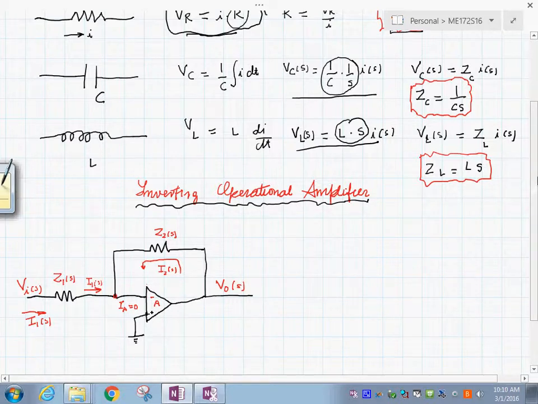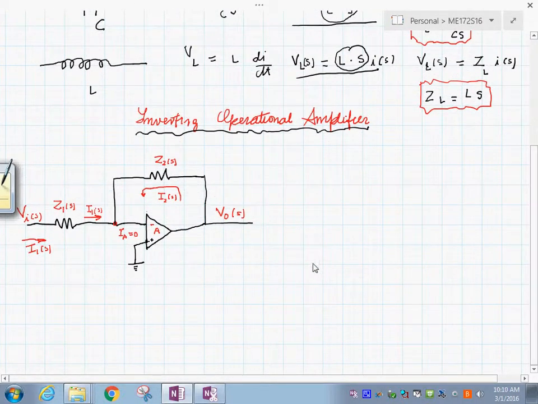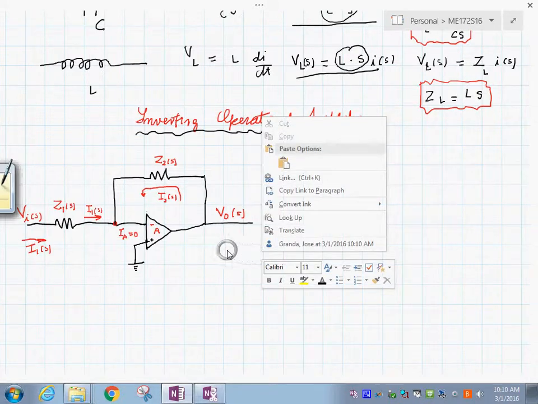If this current is 0 here, something happens on this little circuit, and that little circuit does something to the input voltage here. What is that? I think that's what we need to address.